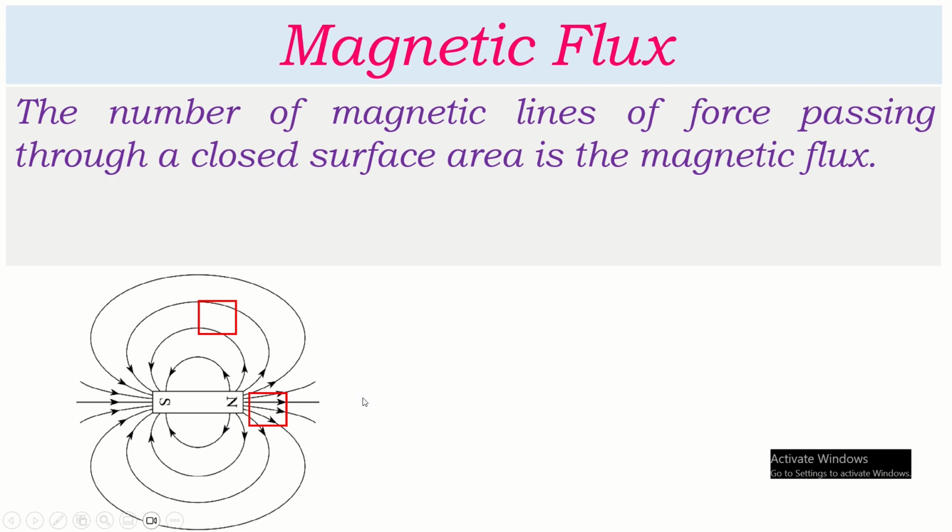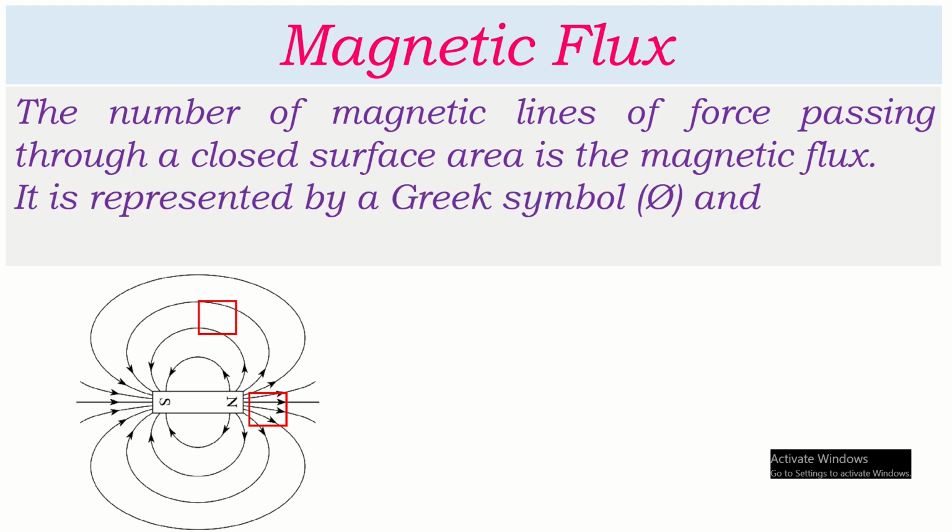So we can conclude that the number of magnetic lines of force passing through a closed surface area is the magnetic flux. The magnetic flux will be high if the strength of the magnet is more. If the strength of a magnet is more, then more magnetic lines of force pass through the same area.